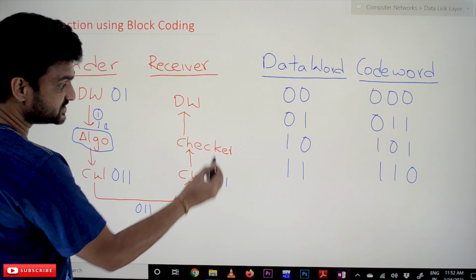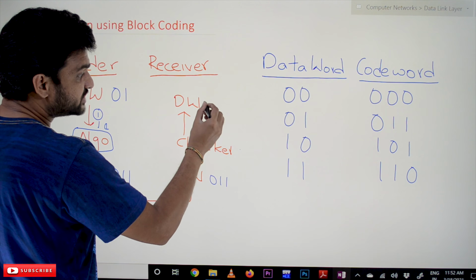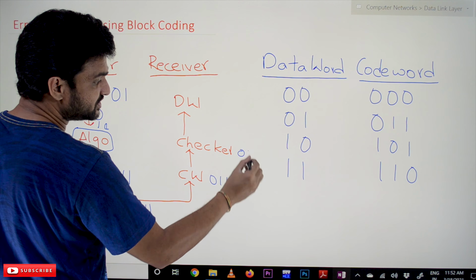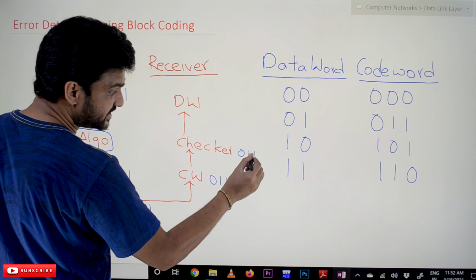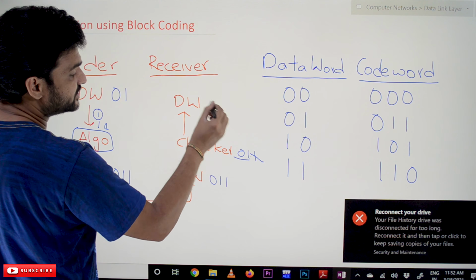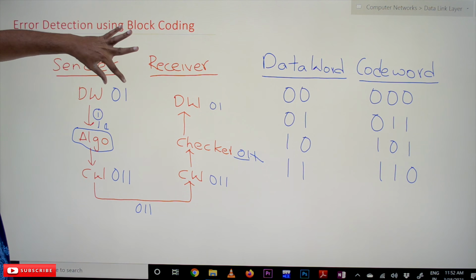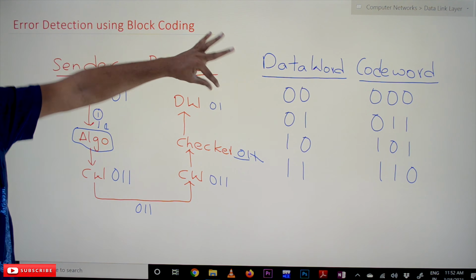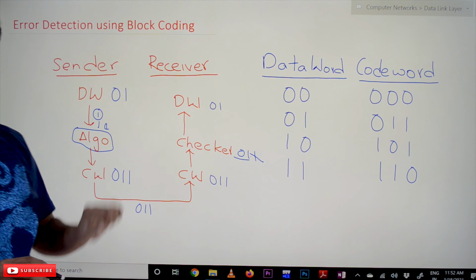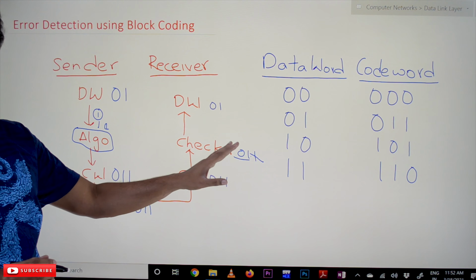If it gets validated, the redundant bit will be removed and the data word will be forwarded to the receiver. So this is the original data that the sender wanted to transfer, and the receiver has received it. This is how errors will be detected. They are not corrected.